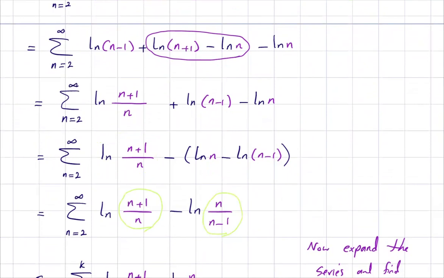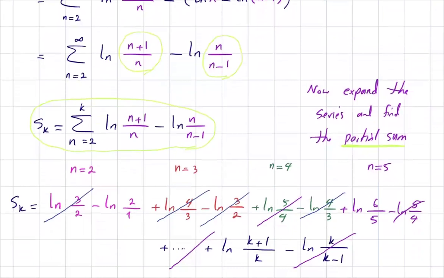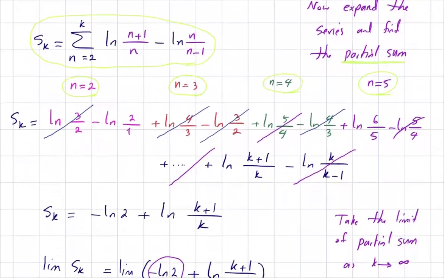It helps me to recognize this pattern and get rid of some of the unnecessary terms in the middle. When you're forming the partial sum, plug in different values for your n, you see that you can get rid of the opposite terms. When you do, you end up with two terms, negative ln of 2 and ln of k plus 1 divided by k.